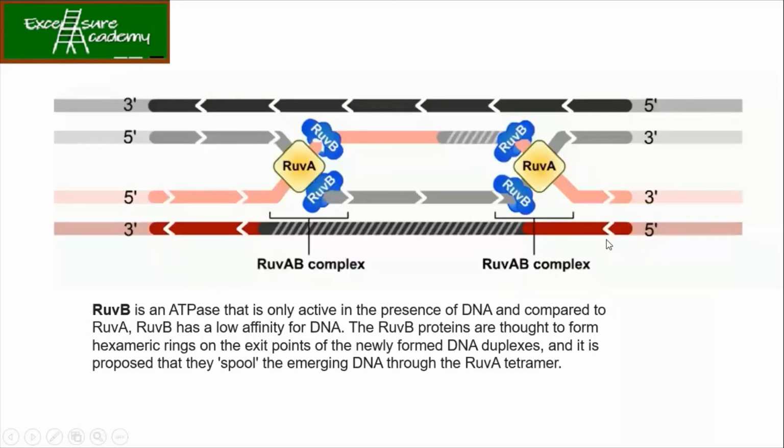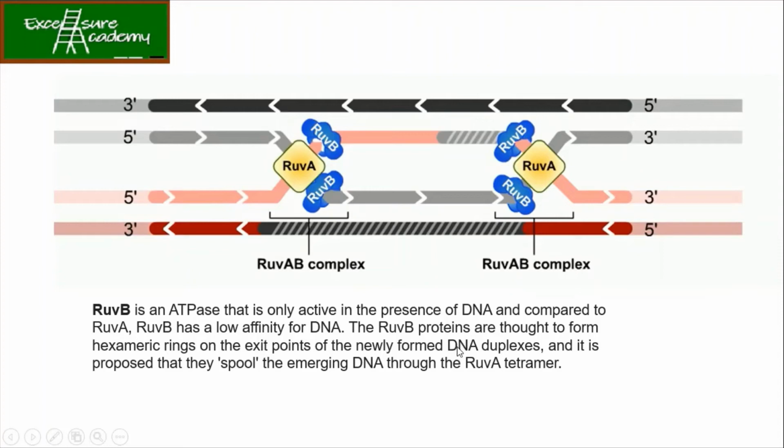Now, RuvB has the ATPase activity, so it will bind in such a way where it has low affinity for the DNA. Are you getting it? RuvB is an ATPase, active in the presence of DNA, and it has low affinity for the DNA.